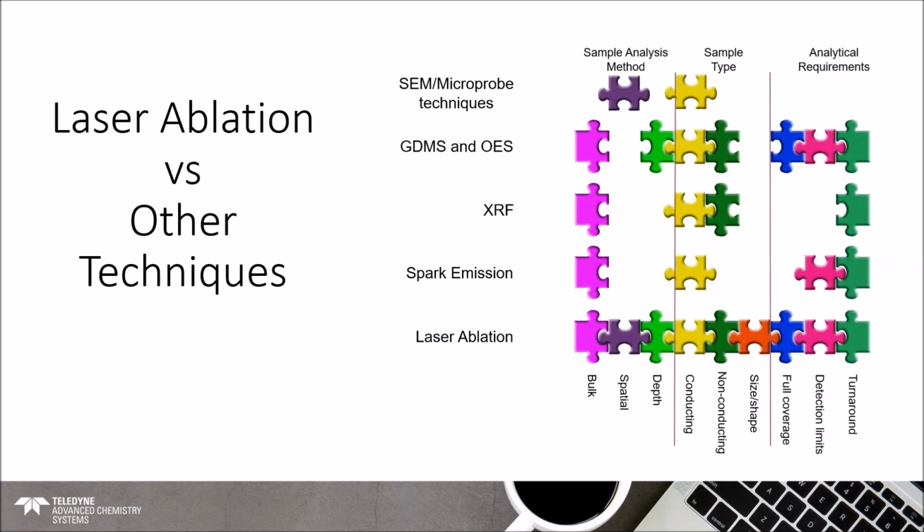Specifically, you're limited in the size and shape of the samples that you're able to ablate. XRF also has some really nice advantages, but you have the obvious limitation of detection limits. With spark emission, non-conducting samples can be a challenge. And laser ablation just gives you a really nice mix of all of those with regard to the sample type, being able to do bulk, spatial, or depth analysis and work with just about any kind of sample.